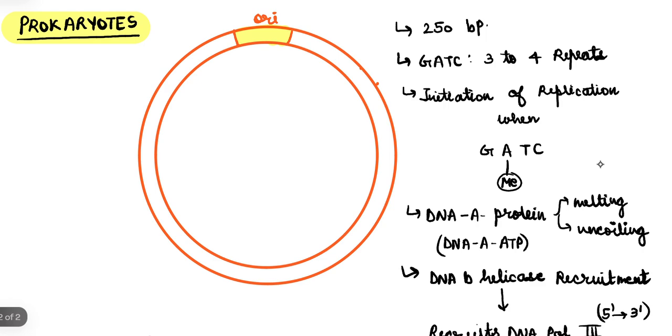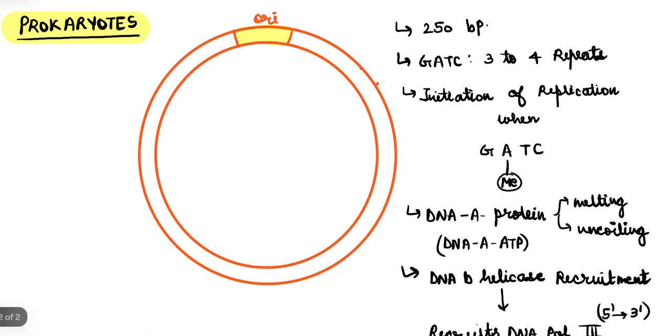The initiation of replication in the prokaryotes will begin when this GATC sequence is methylated, and that too very specifically when this adenine of this GATC sequence gets methylated. When all of the GATC sequences of the ORI site are methylated, we will say that the ORI region is fully methylated, and that is a clear-cut signal for the initiation of replication.